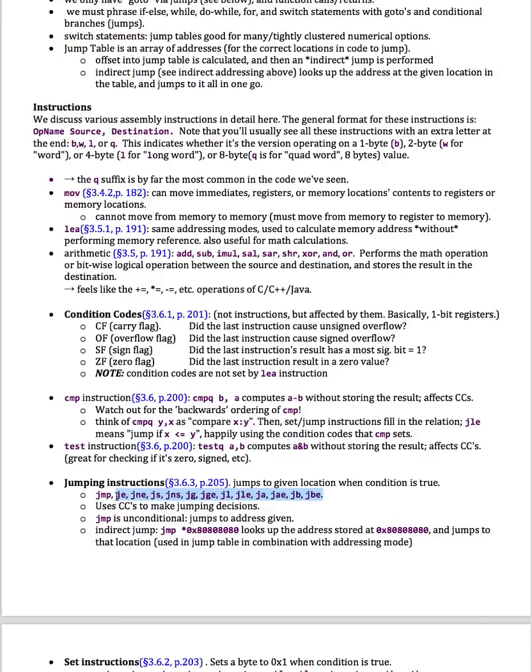Although it is important to understand what each of the jumps indicates, you don't have to understand how they are computed from the different condition codes. So you don't have to know, for example, how JE or JL is computed from the 4 condition codes. You don't have to remember all of that.